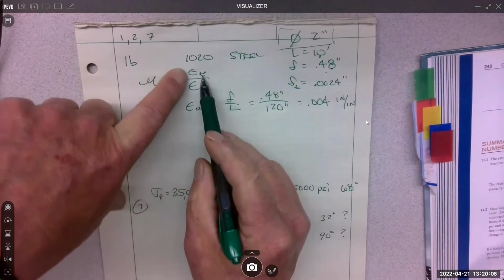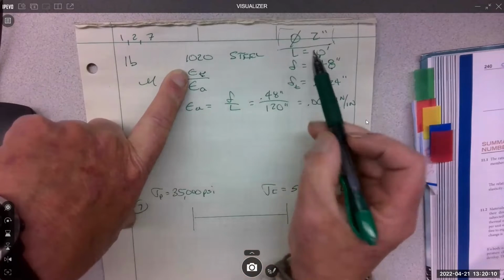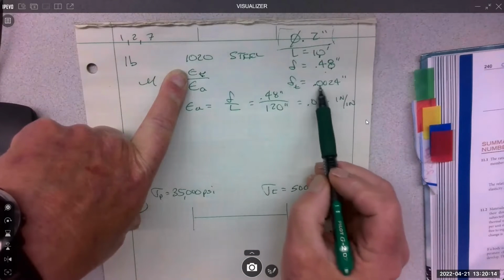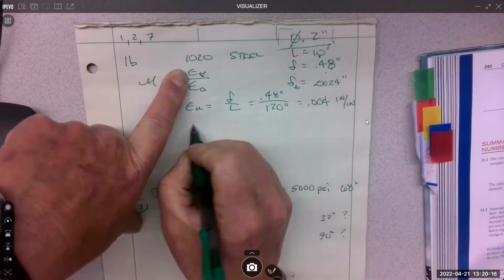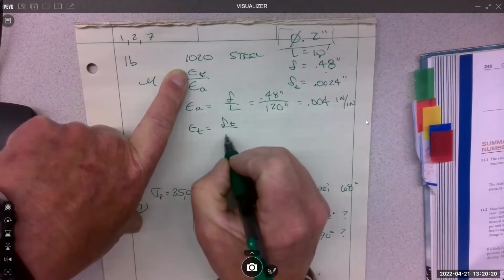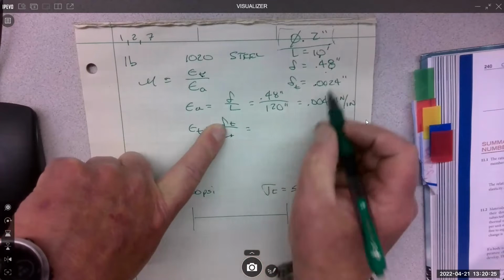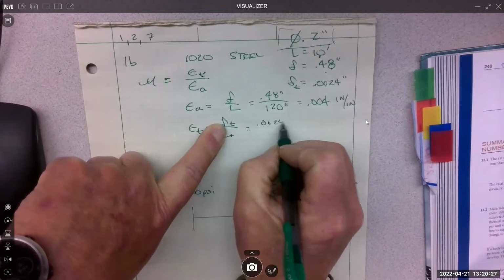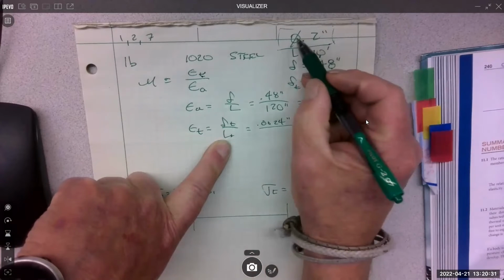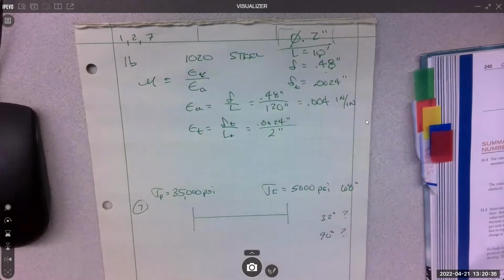If we can get the same thing for the transverse, which we should be able to because we know the diameter is 2 and we know the transverse change is 0.0024 inches. The transverse original diameter is 2 inches, so we use that full 2 inches.